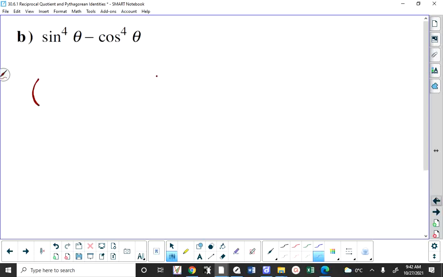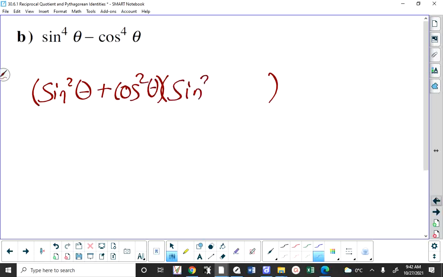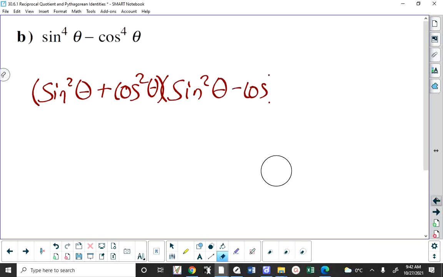So this is a difference of squares where I can put sine squared of theta plus cos squared of theta times sine squared of theta minus cos squared of theta as a first step. You okay with that?